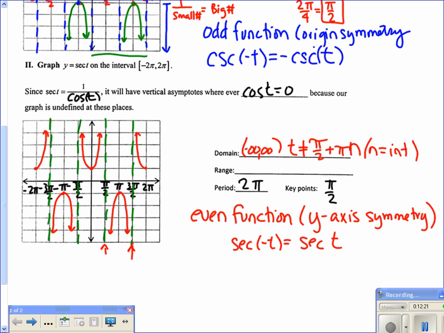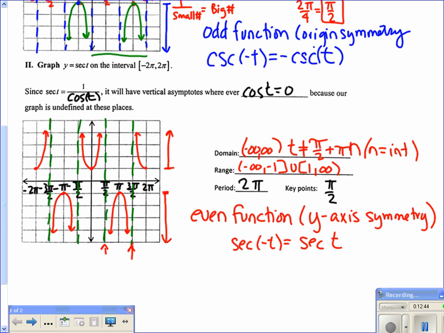So that gives me my domain, or remember, you can just use a real number symbol if you want. The range goes from negative infinity up to negative 1, and then from 1 to infinity. So make sure you know all these.